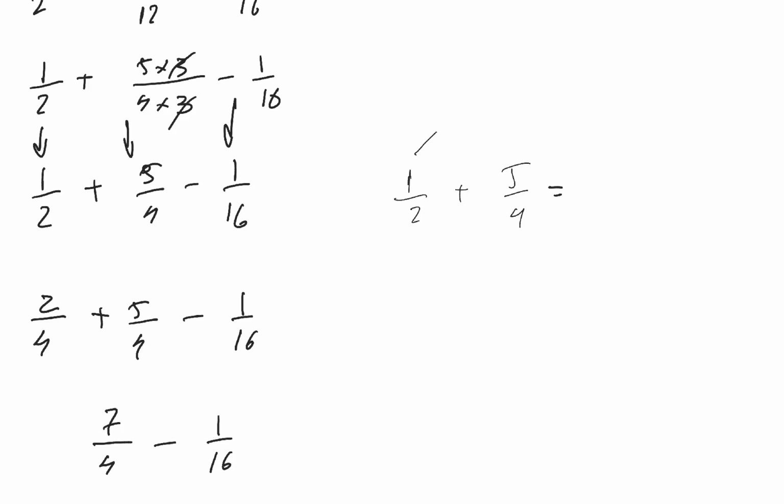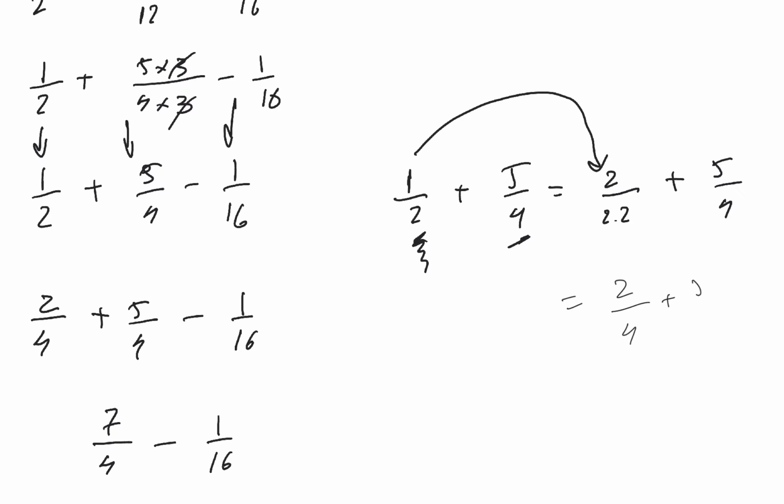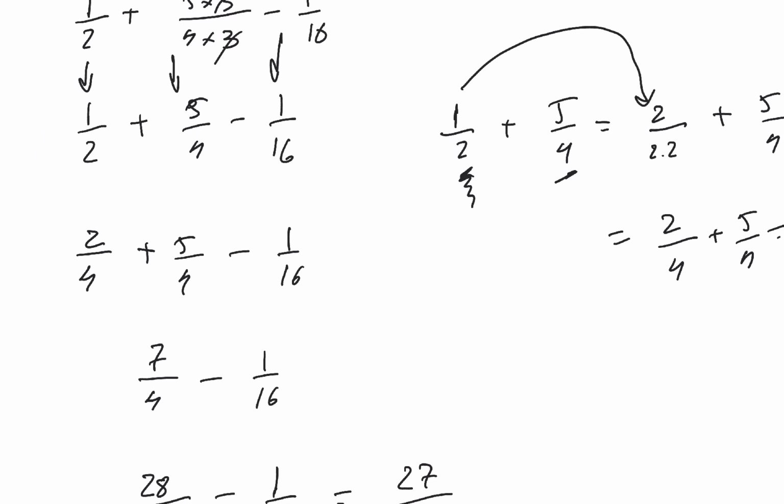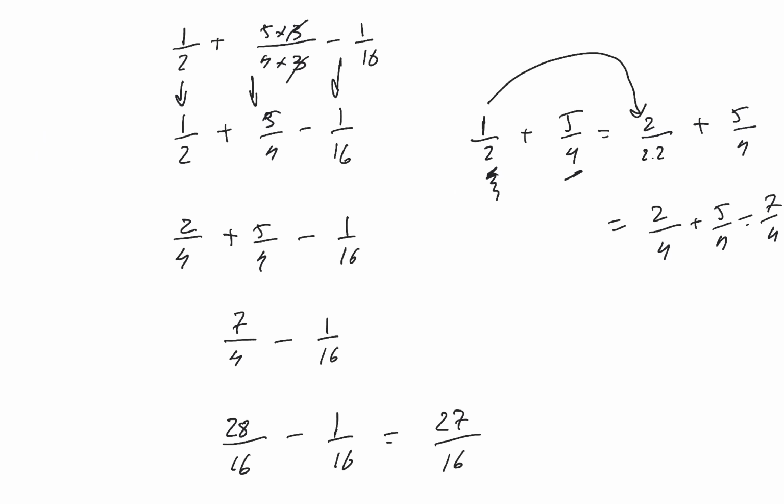So how will I put this fraction in a way that has the same denominator, the 4? I will multiply the numerator by 2, and I will multiply the denominator by 2, so it will be 2/4. Now I can sum it. It's 2/4 plus 5/4. And what is 2/4 plus 5/4? Now it's 7/4. So 7/4 minus 1/16.